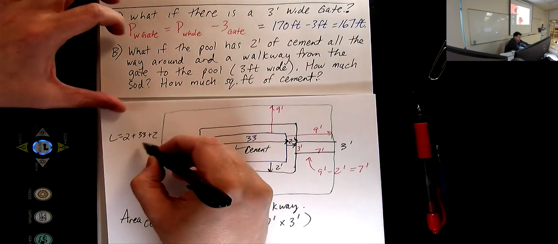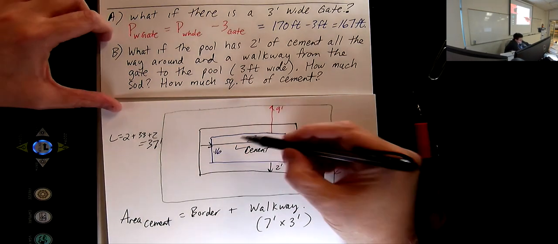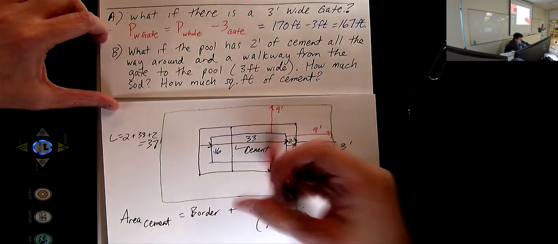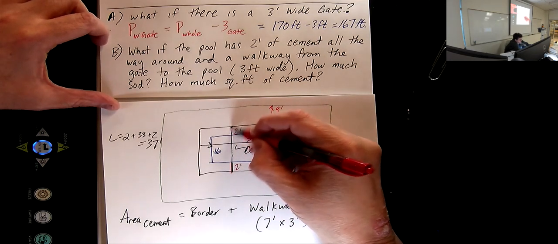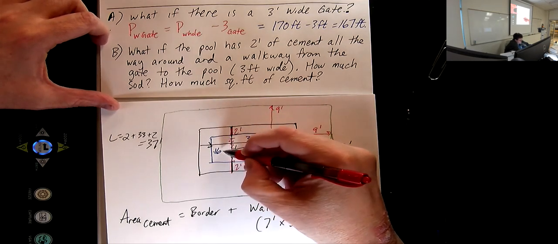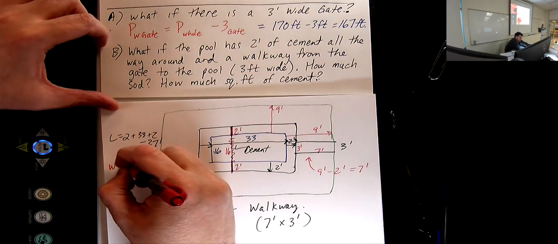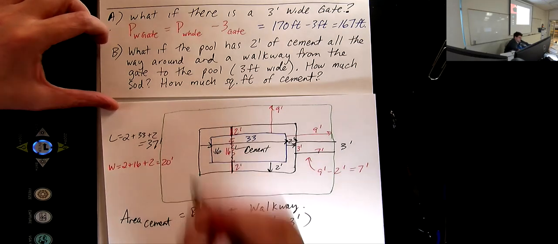And that's going to give us 37 feet. And we'll do the same thing with the width. We gotta break it up into this 2 feet, this 2 feet, and this part right here is 16. So the width is 2 plus 16 plus 2 is 20 feet.